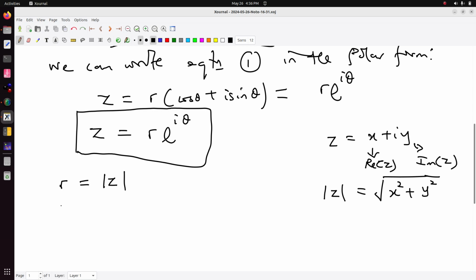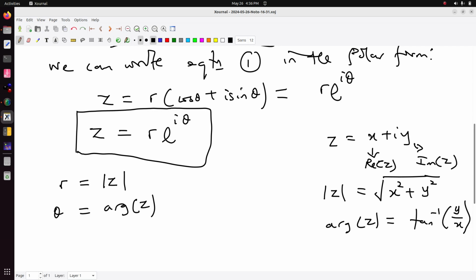And last class as well, we looked at the argument of the complex number, arg z. In this case, this theta is the argument of the complex number. So r is the modulus and theta is the argument. If you recall, in our last class, we said the argument of the complex number is arctan of the imaginary part, y, divided by the real part, which is what? x.